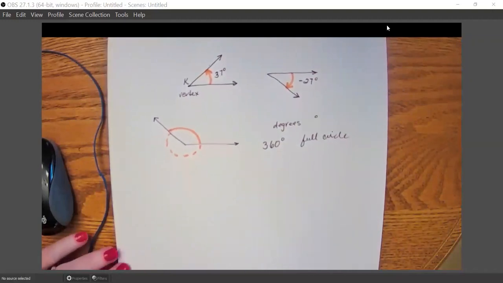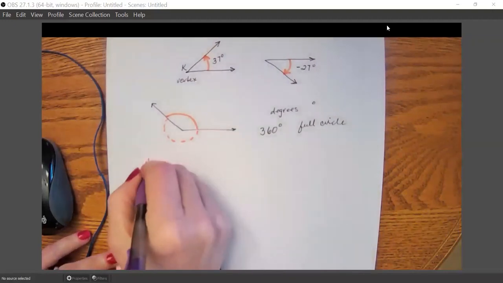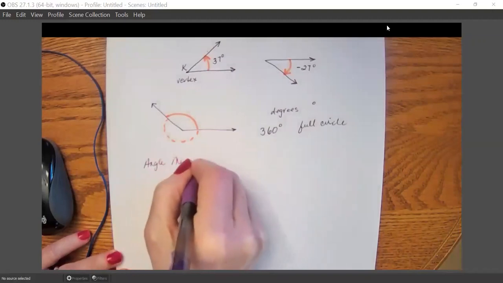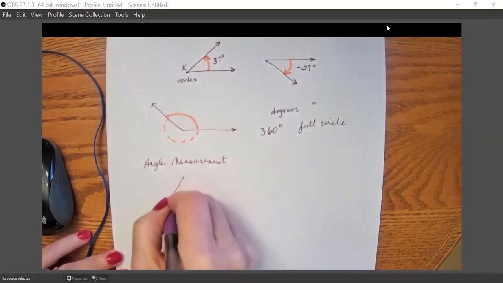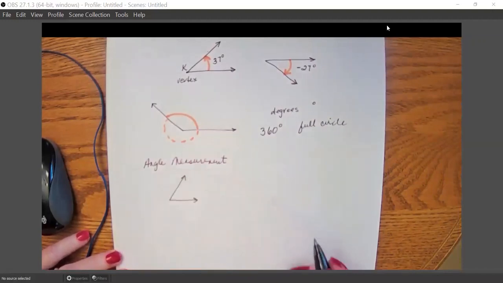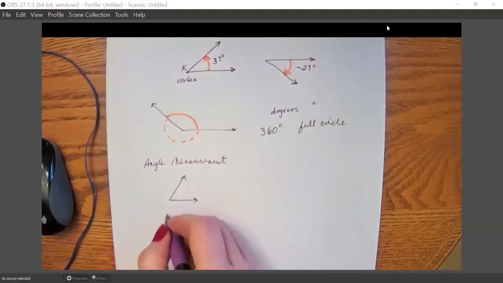Angles are basically categorized by their angle size, by their angle measurement. If an angle measurement is less than 90 degrees, that would be called acute.